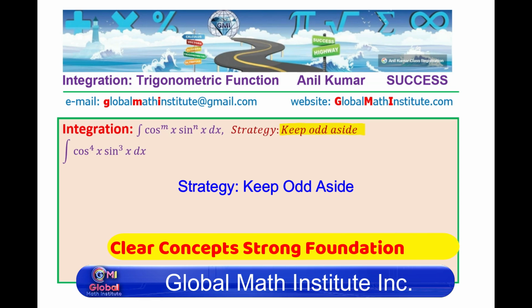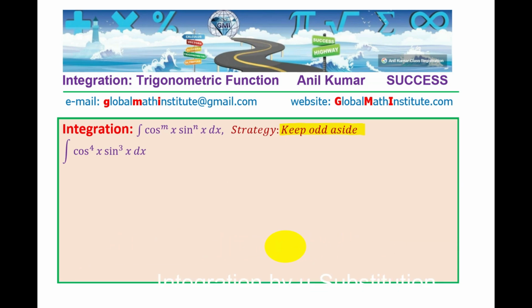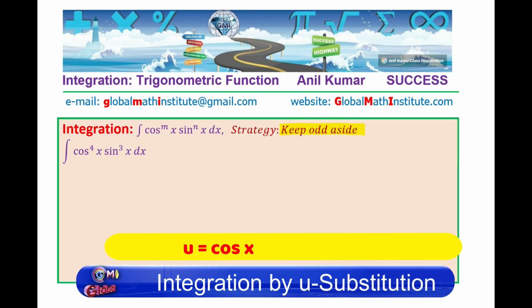These concepts help us further on in solving more complicated questions. In this particular case, we see that the degree of cos is 4 and that of sine is 3. So the odd degree is that of sine, right?